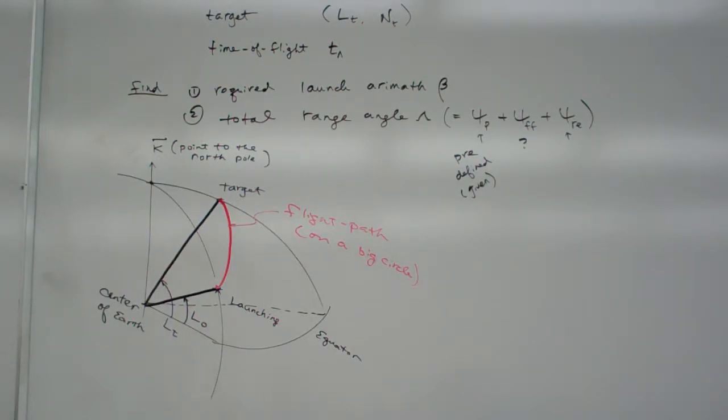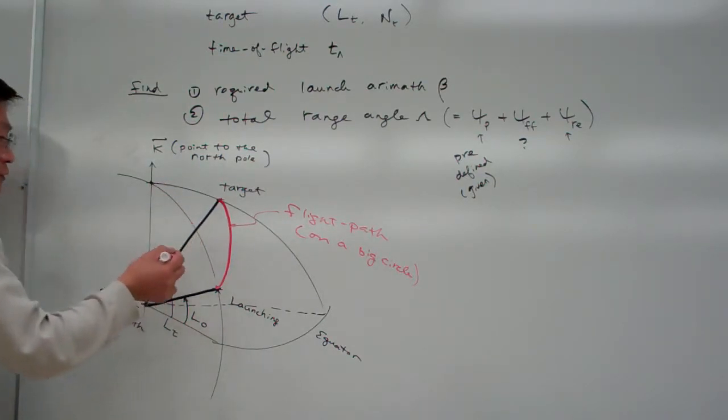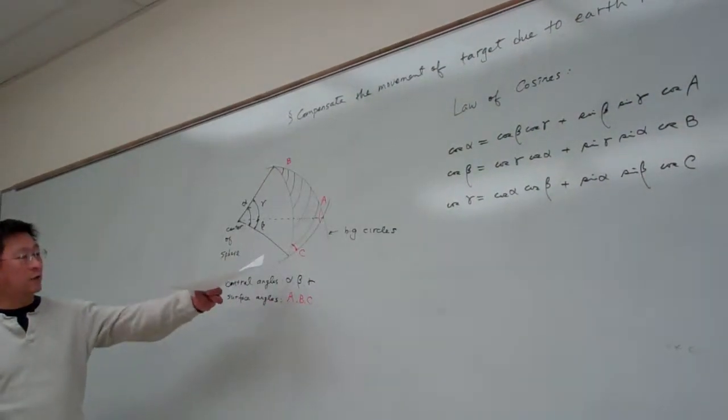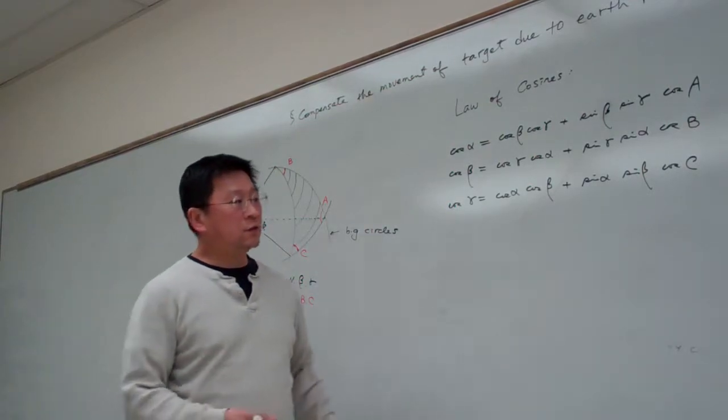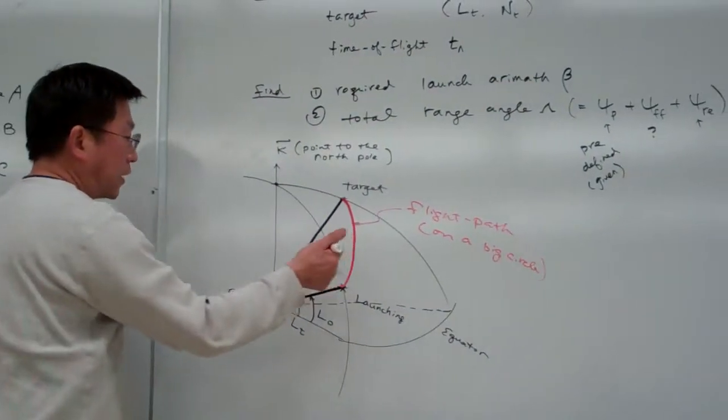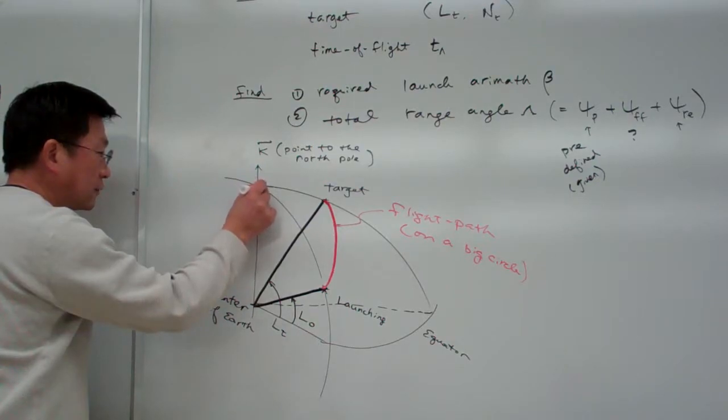Right now I'm going to form a spherical triangle on the surface. This triangle is formed by the intersections of three big circles. Here this is one circle, and the other one we can use is this one.